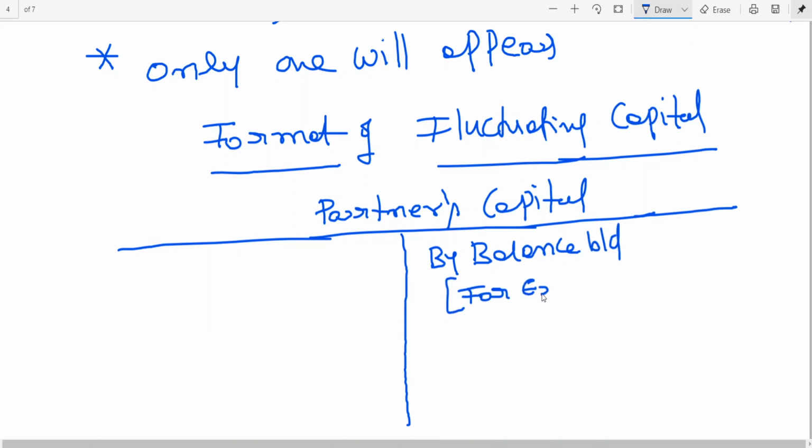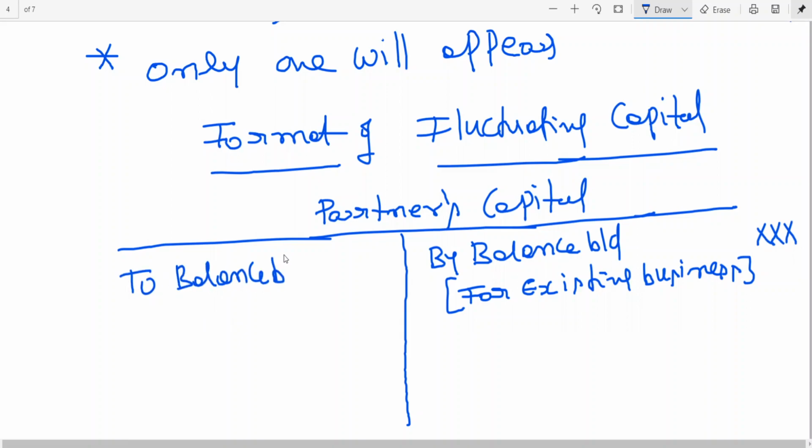for existing business, to balance brought down. Partner's capital account may show debit balance, but not in fixed capital. Under fixed capital, partner's capital account always shows credit balance, but under fluctuating capital, partner's capital may show credit balance or may show debit balance.